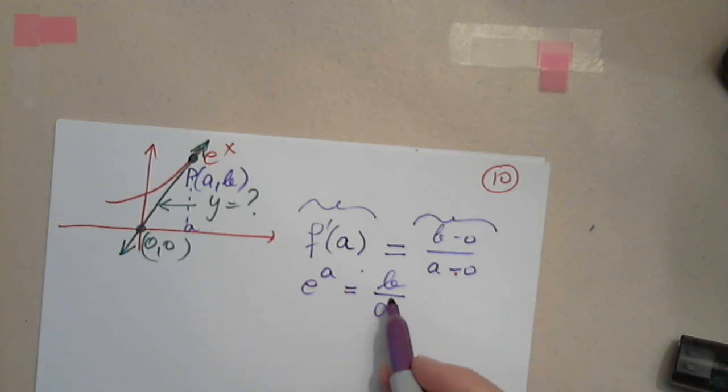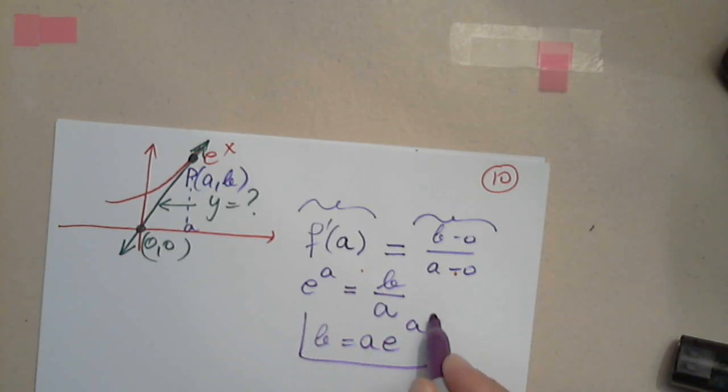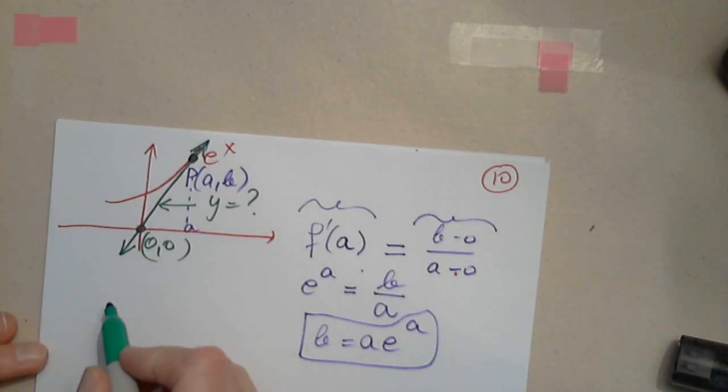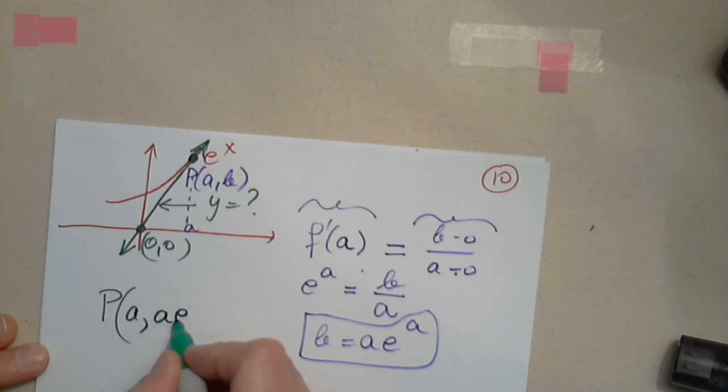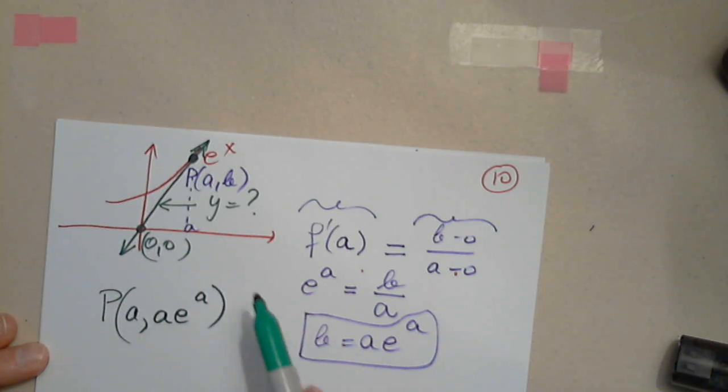So then I have b, cross multiply, is a times e to the a. So for now I know that point P has coordinates a, comma, a e to the a.